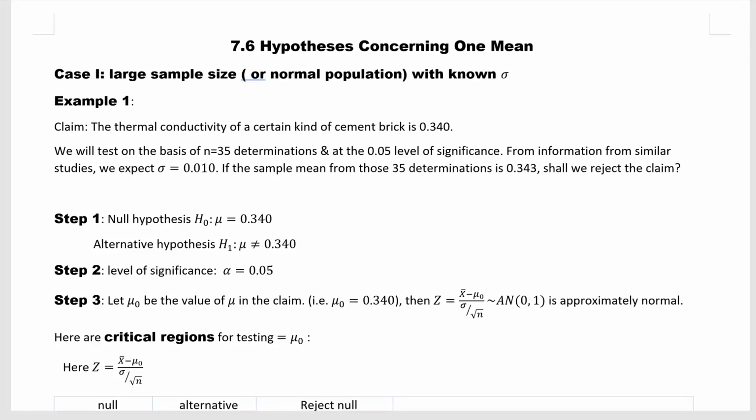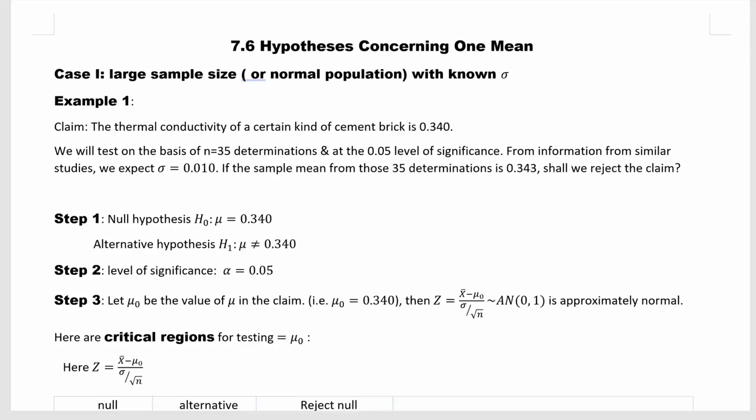So last time we talked about the level of significance is another name for the probability of type 1 error, alpha. Okay, from information from similar studies, we expect the population standard deviation is 0.01. If the sample mean from those 35 determinations is 0.343, shall we reject the claim?